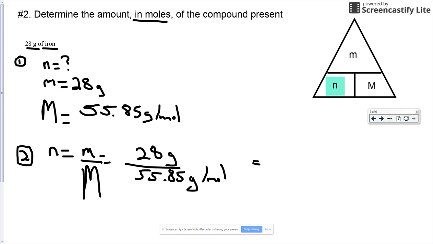And if you do the math, I got 0.5, and I'm just going to throw a 0 there. And if I look, my grams are going to cancel. I'm left with moles. Okay, well, was I trying to solve for moles? What's the amount in moles? Well, hey, maybe I've done this actually right.